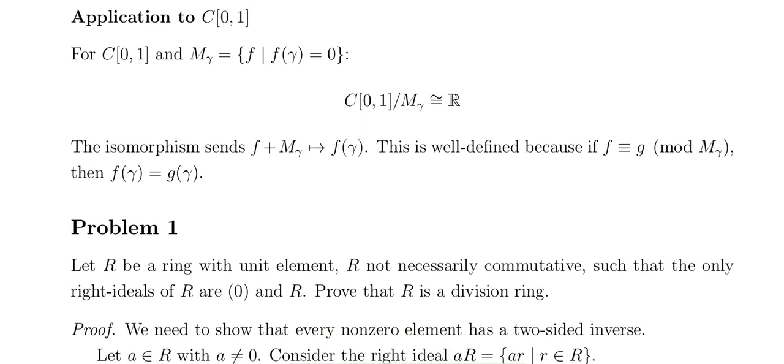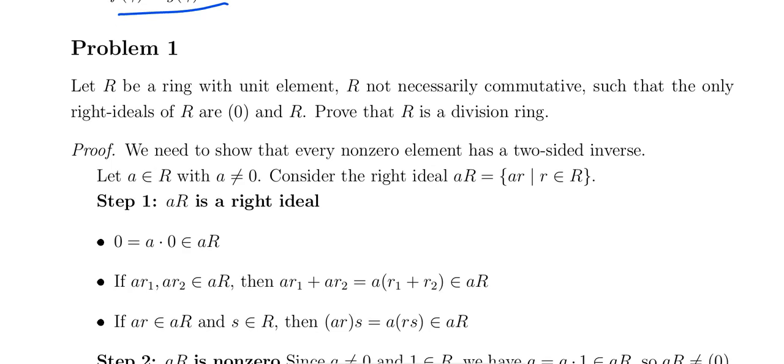The ring of continuous functions on [0, 1] divided by M gamma is isomorphic to the set of real numbers R, which is a field. Under the isomorphism, f plus M gamma goes to f of gamma, because f is congruent to g modulo M gamma exactly when f of gamma equals g of gamma.